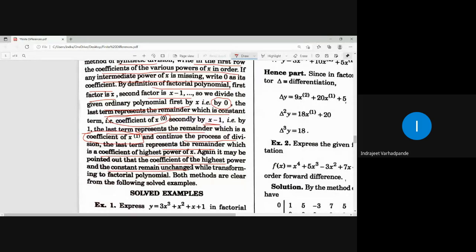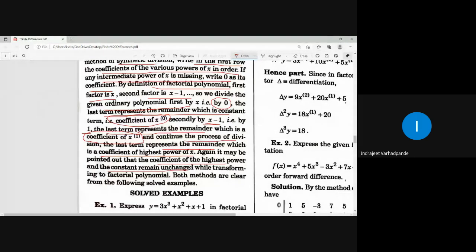After performing the division, whatever remainder is the last term will be considered as the coefficient of x to the power 0, that is the constant, then the coefficient of x to the power 1 factorial, then the coefficient of x to the power 2 factorial, and so on. Lastly, the final remainder is nothing but the coefficient of the highest degree, the coefficient of x to the power n factorial.